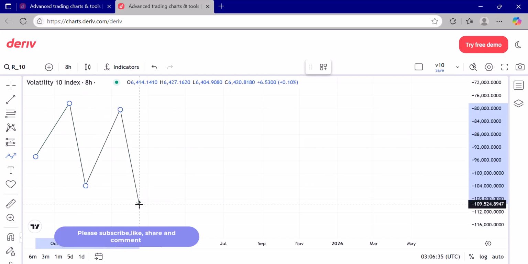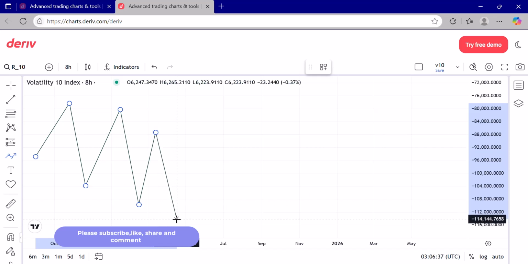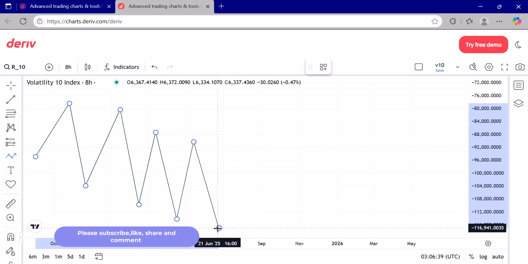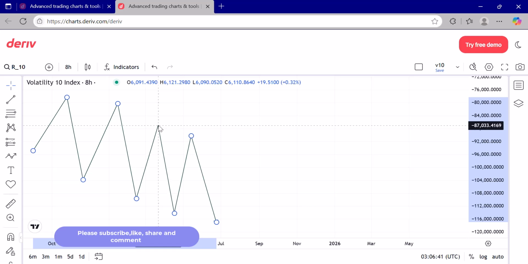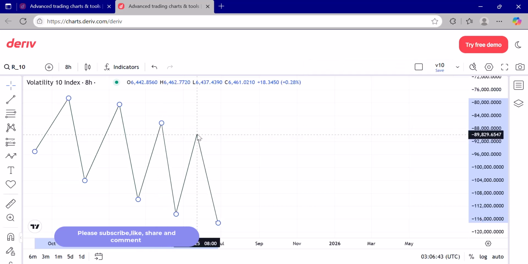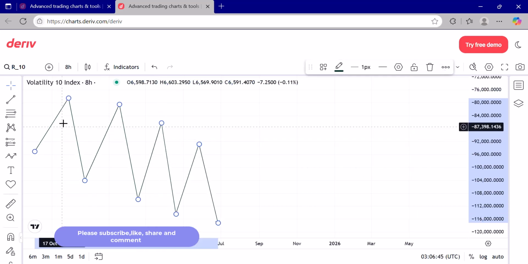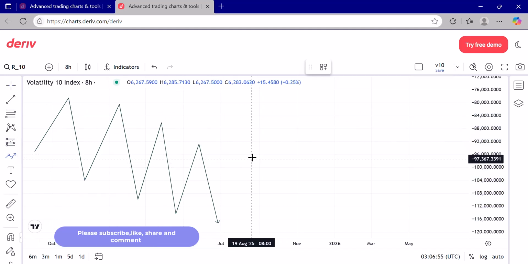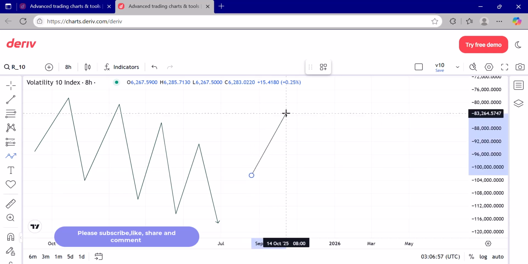Price is going down. All right. So these are substructures. So within these swing structures are what we call the substructures. So we'll have something like this.